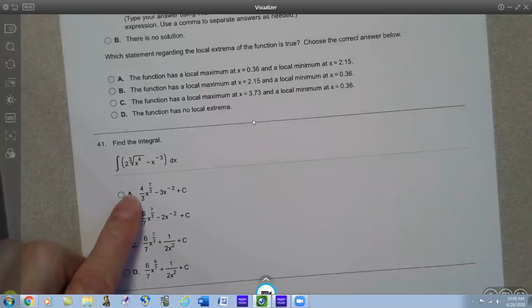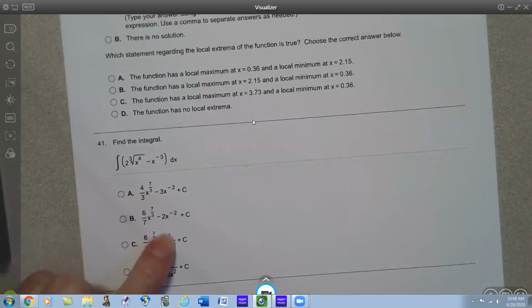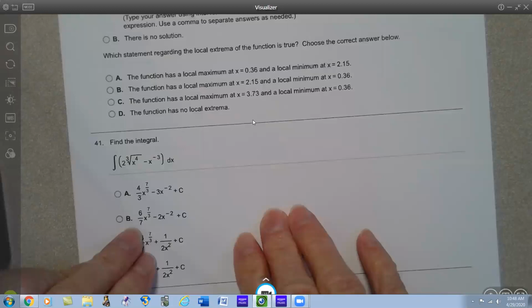And since the back end looks so different from the rest of them, you could almost start at the back end. In a multiple choice test, there's always a couple of ways you can go.